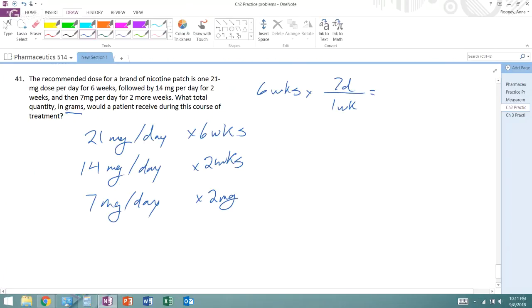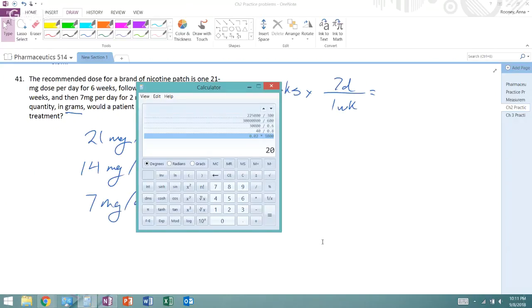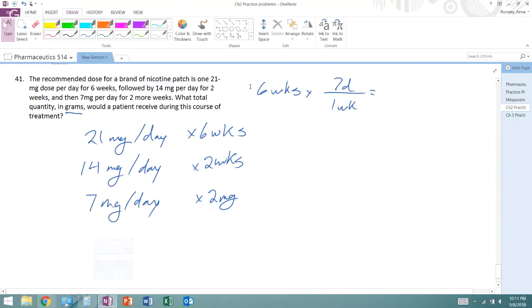Why am I not able to think? 6 times 7. God. 42. So there's 42 days. And then there's 14 and 14. And then you want to multiply these up.